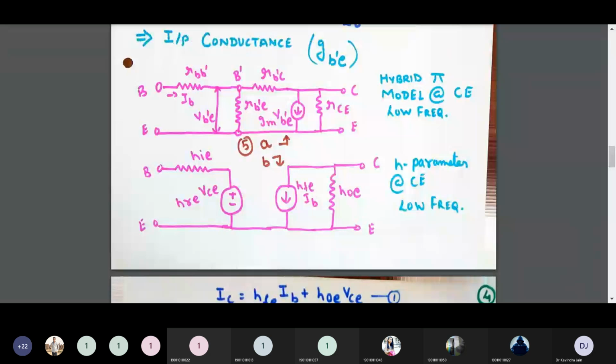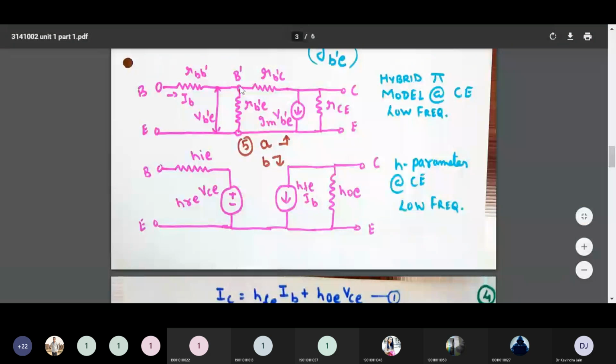Enrollment number 47. Yes, sir. Beta, what is Ohm's law? V equals IR. So here we are measuring V. What current flows here? IB is written. And how much is the resistance?